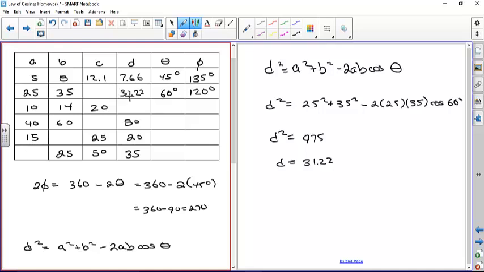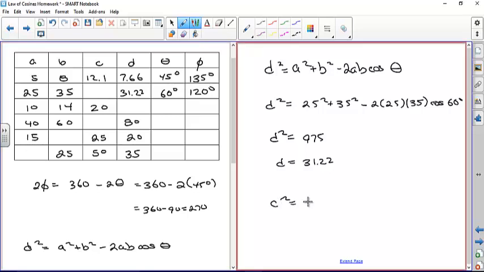Now, you get C squared is equal to A squared plus B squared minus 2AB times the cosine of phi, which is 120 degrees.